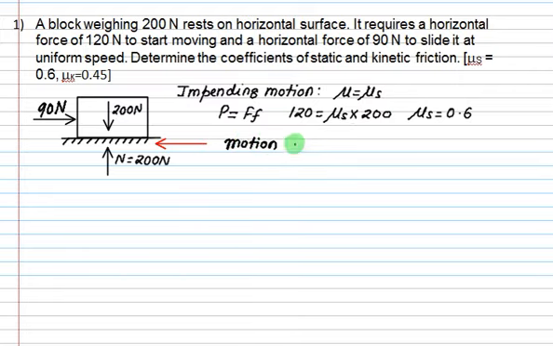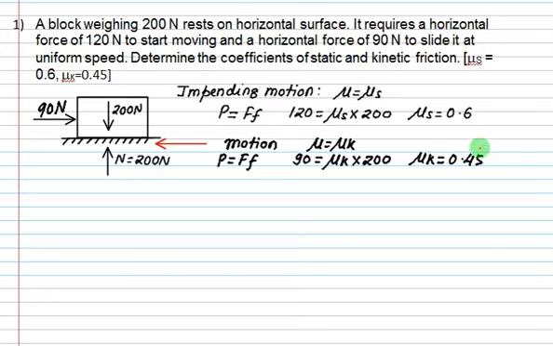If the block is in motion, mu will be equal to mu k. So we again have P equal to the frictional force, but this time the frictional force is 90. The normal reaction does not change. So the coefficient of kinetic friction will be equal to 0.45. The coefficient of kinetic friction is always less than the coefficient of static friction.